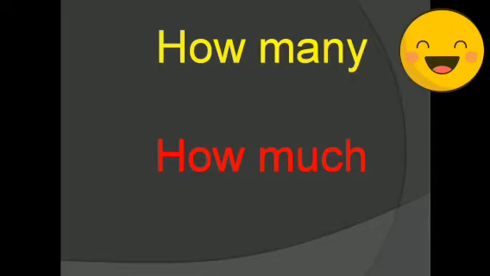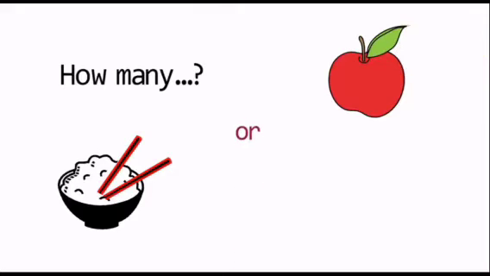Now let's talk about how many and how much and when we can use both of them. Let's see. Here we have an apple and here we have rice. How many or how much? First, let's count.